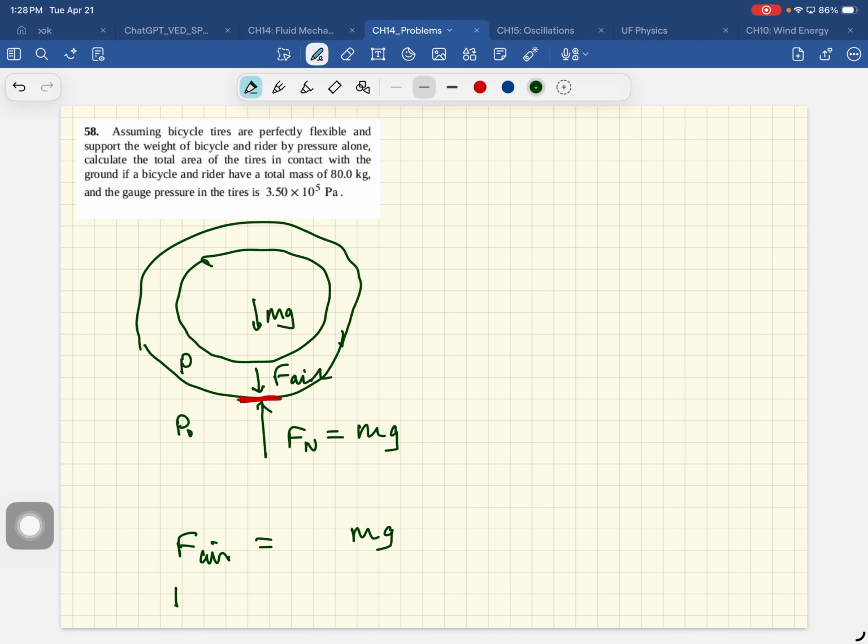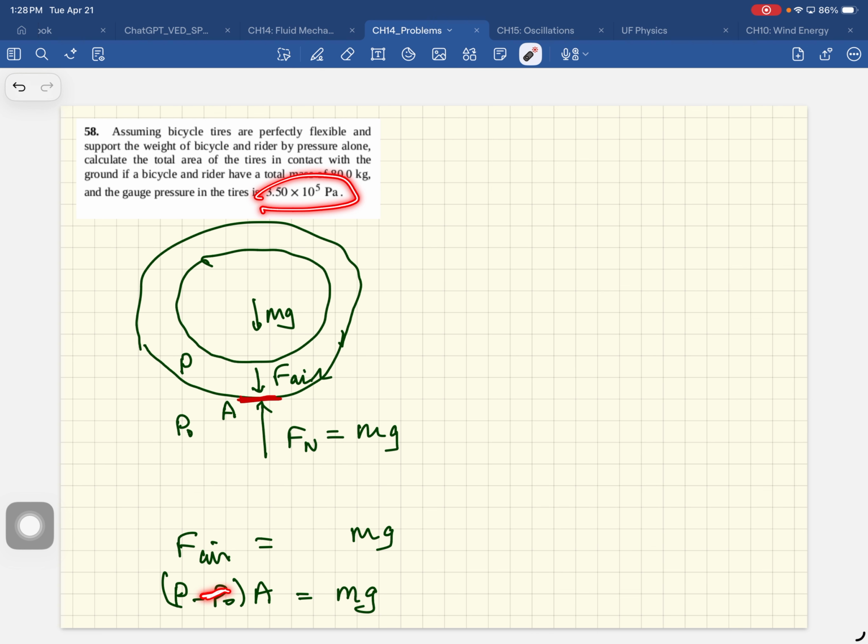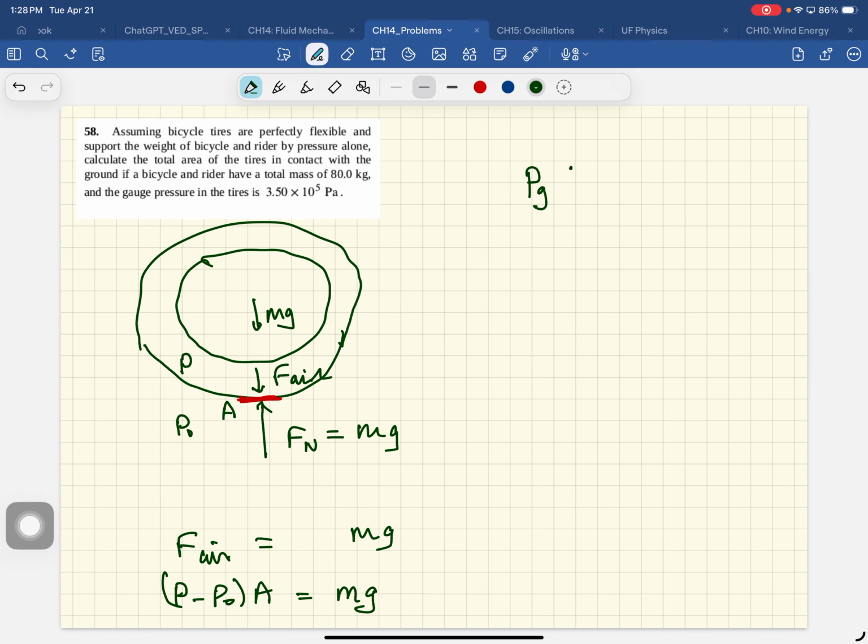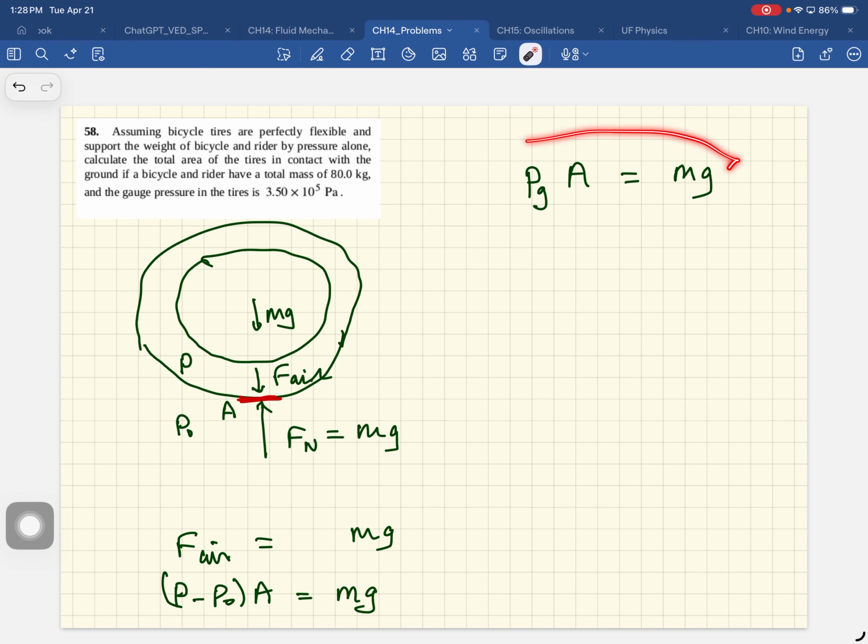And you'll see in a second, this area will come out in meter square: 80 into 9.8 divided by 35. And this is centimeter square.